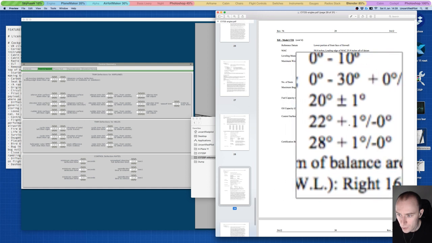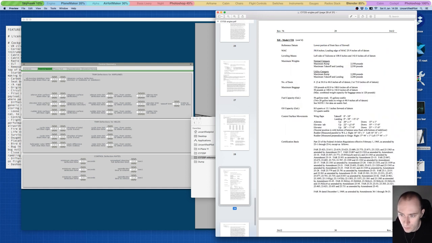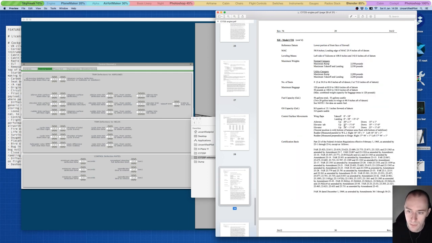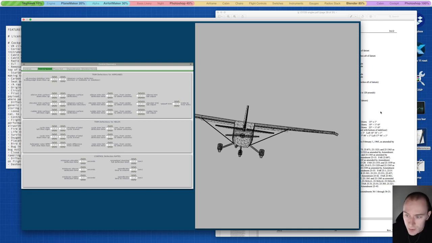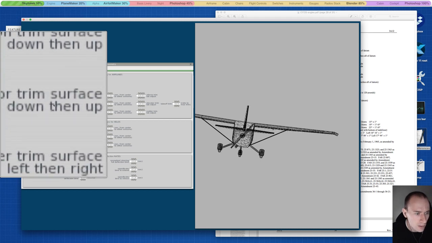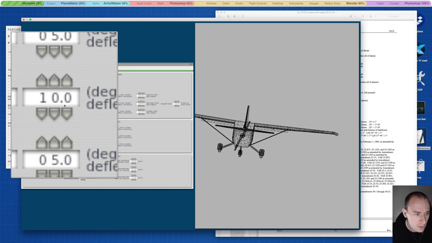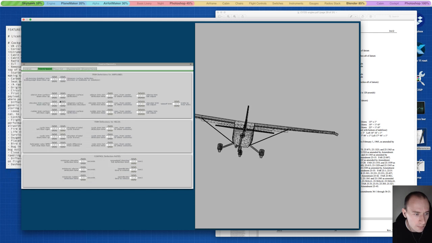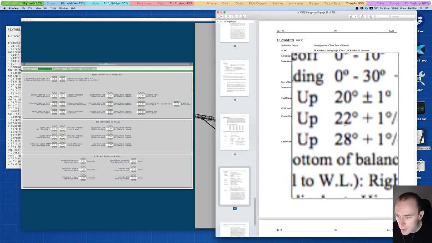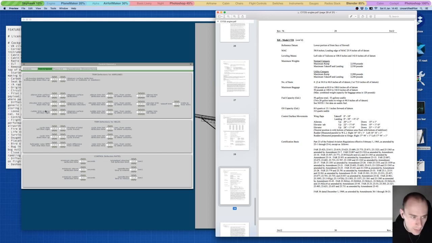Up, 22 degrees, plus or minus 1. Well, with all of the other angles here, we always use the first one, so let's do that as well. Elevator tab 22, and that's up, right? Yeah, up. 22. Oh, down then up. So this is down, that is up. Okay. And it was down 19 apparently.